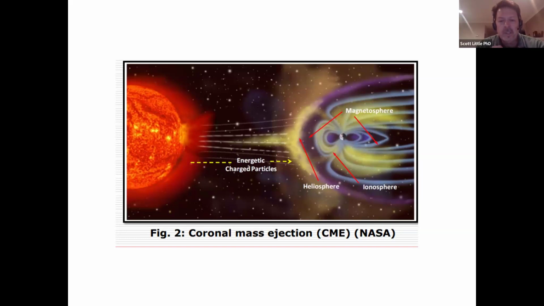That's where we get what we call the aurora borealis. Normally it happens near the North and South Pole, because that's where the magnetic field is strongest and most intense, when there is higher solar activity from coronal mass ejections.